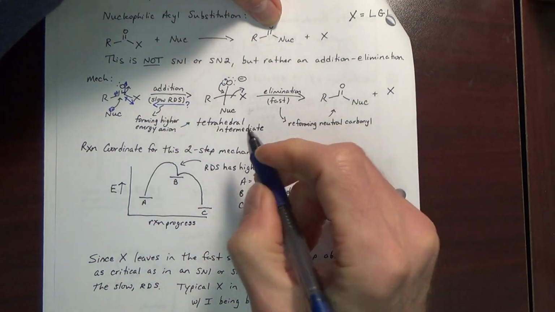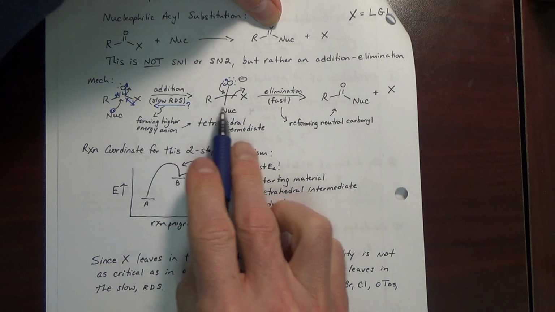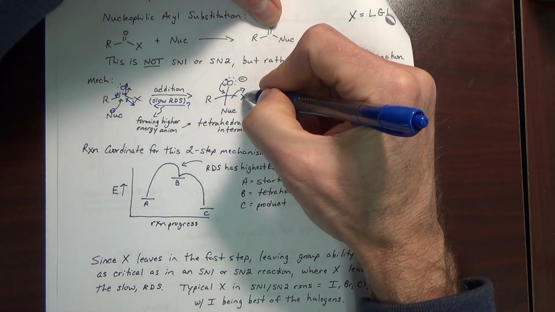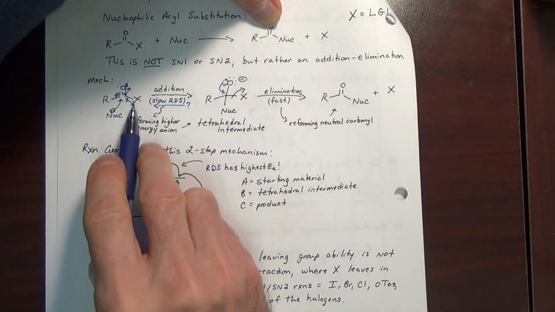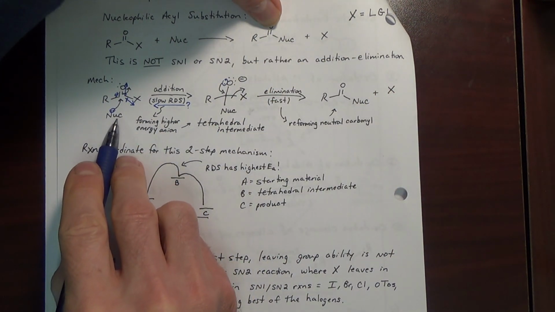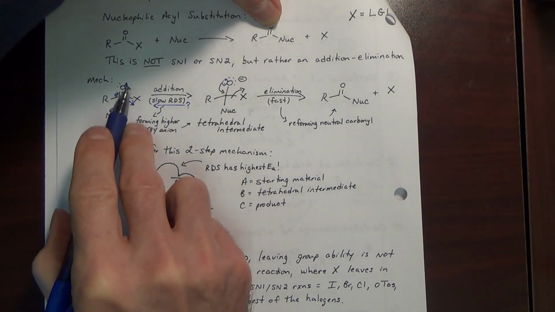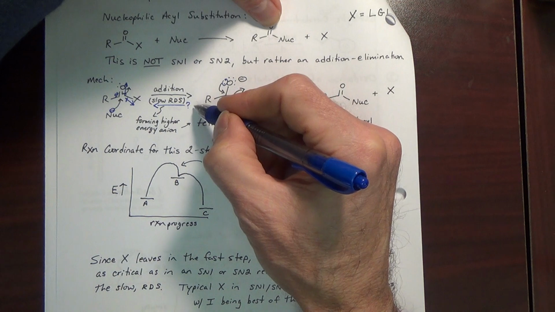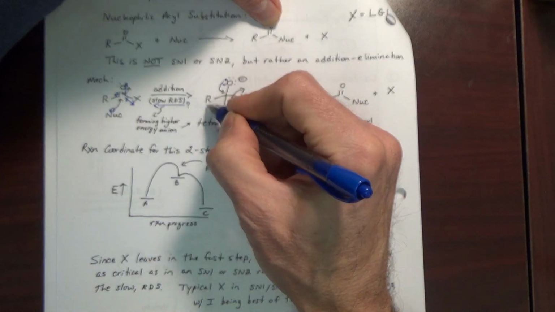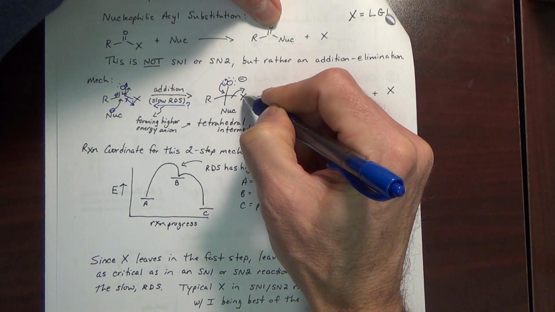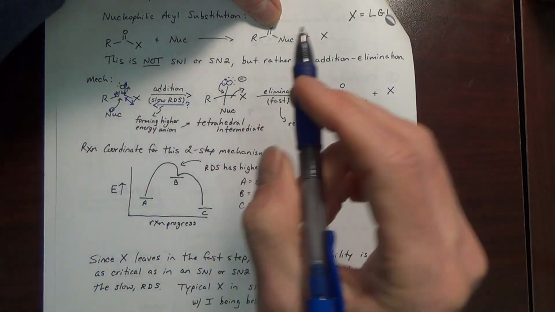We'll talk about that going forward. Here, though, we're going to be looking to kick off the leaving group, because if we kick off the nucleophile, we don't get anything new. We go back to the starting materials. We're not going to kick off a plain carbon, but instead we can kick off something maybe like a chlorine if the original was an acid chloride.